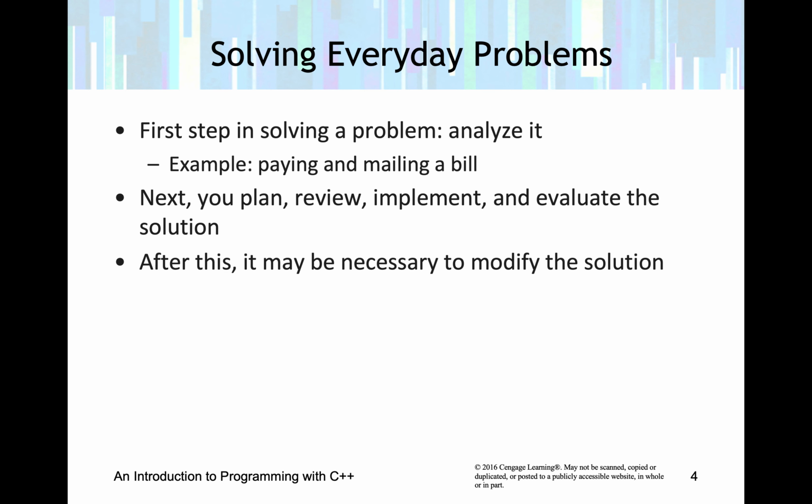So, analyzing meaning, what is it that I need to do, and start thinking about it. Next, you plan, review, implement, and evaluate the solution. And after this, it may be necessary to modify the solution.